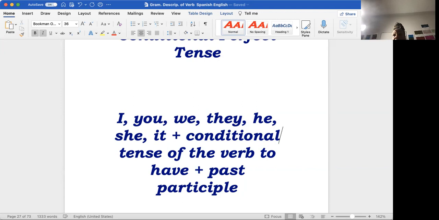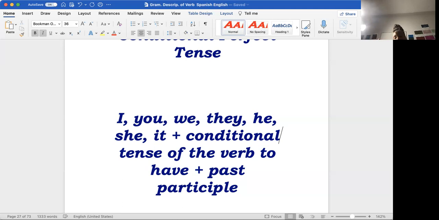Conditional would, the verb to have. I would have given you the money. I would have given is irregular. So many verbs in English are irregular. I would have talked to my mother, blah, blah.